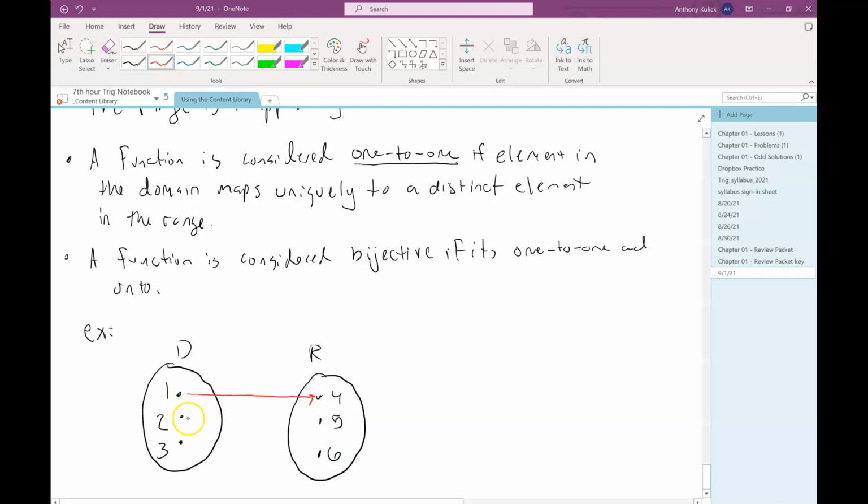Say 1 goes to 4, 2 goes to 5, and 3 goes to 5. So if I look at this, the function is not onto because I have something in my range that isn't paired to.